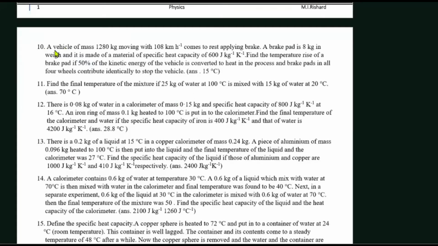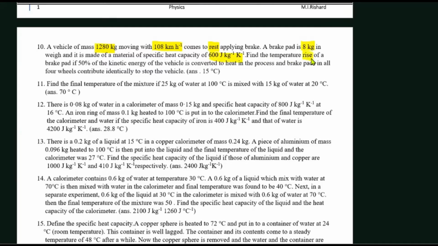So this is regarding a vehicle of mass 1280 kilograms moving with a speed of 108 kilometers per hour, which comes to rest by applying the brake. A brake pad is 8 kilograms and is made of a material of specific heat capacity of this much.